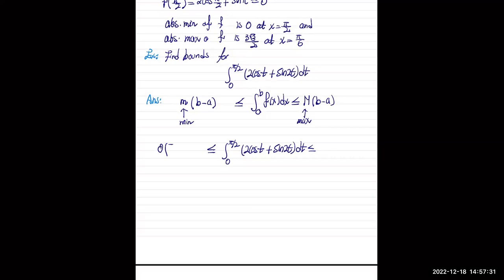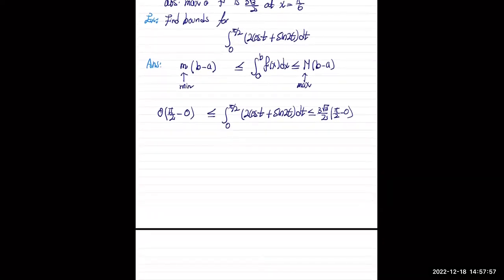So 0 times pi over 2 minus 0, pi over 2 and 0 being the endpoints of the interval, and the maximum was 3 root 3 over 2 times pi over 2 minus 0. So this integral is between 0 and 3 root 3 over 4.